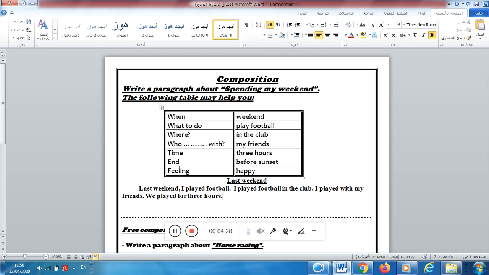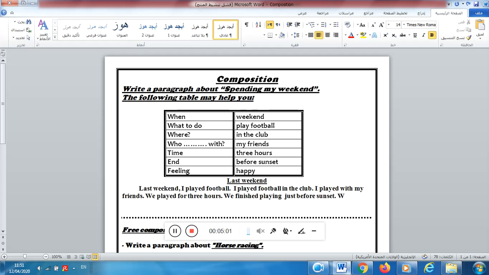Before sunset. And we can say we finished playing before sunset. Just before sunset. All right. How do you express your feeling?